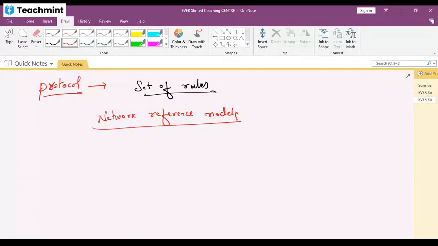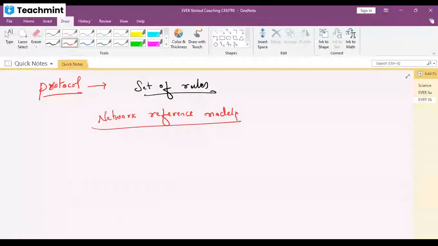Data means information. Communication is nothing but the information which you are transferring, either receiving or giving or sending the data. That is communication. The set of rules designed for successful data communication is called protocol.